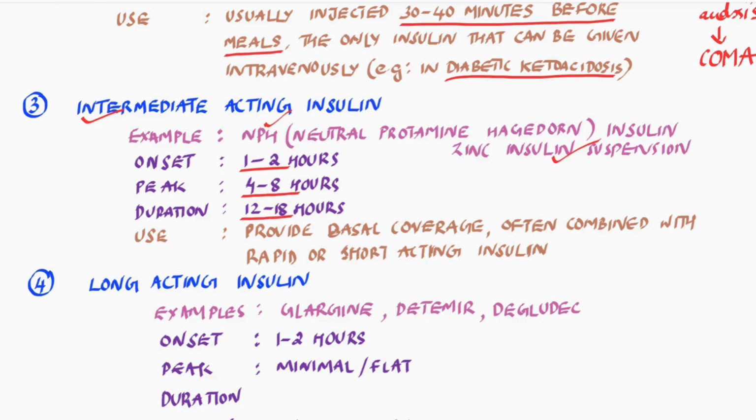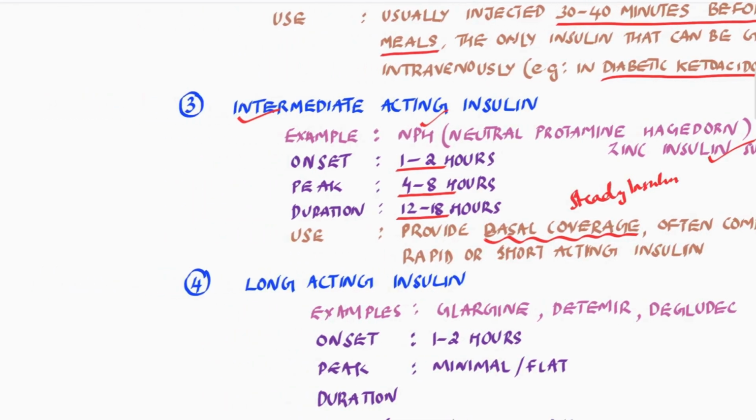So its main use is to provide basal insulin coverage, meaning it maintains steady insulin levels between meals and overnight. But here is an interesting thing. This type of insulin is often combined with rapid acting or short acting insulin to cover both mealtime spikes and basal needs. I will explain.